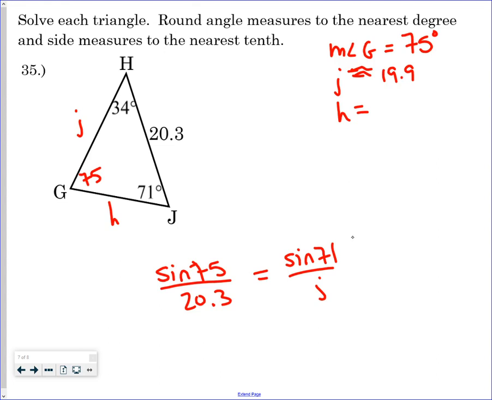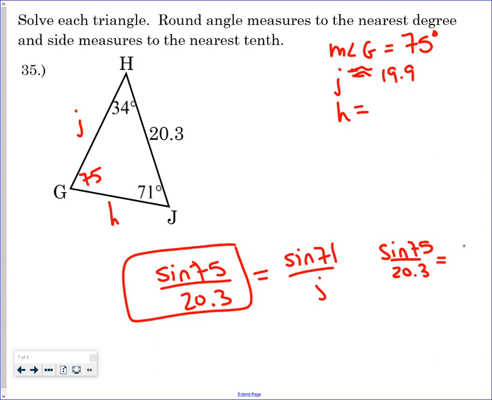Okay, so now I'm going to look for side H. I can't use the Pythagorean Theorem or anything. It's not a right triangle. So if this worked the first time, can't I start with this again? I'm just going to use that again. So sine of 75 over 20.3, this time, what would I say?